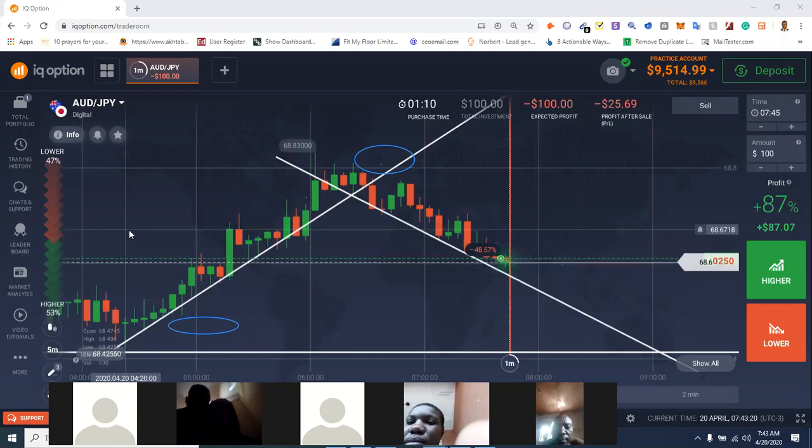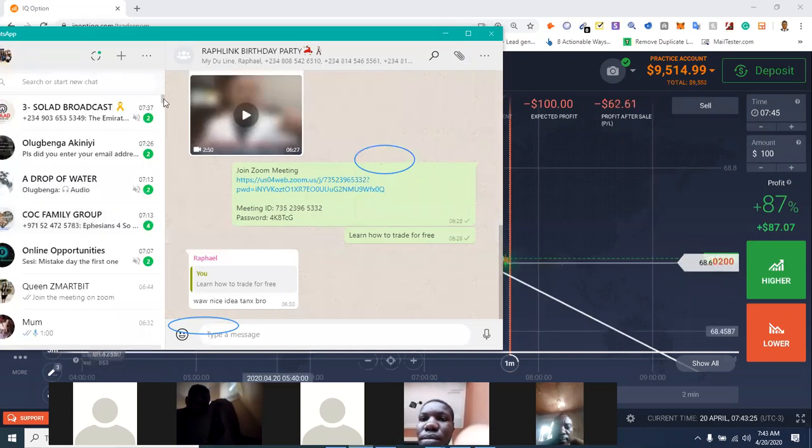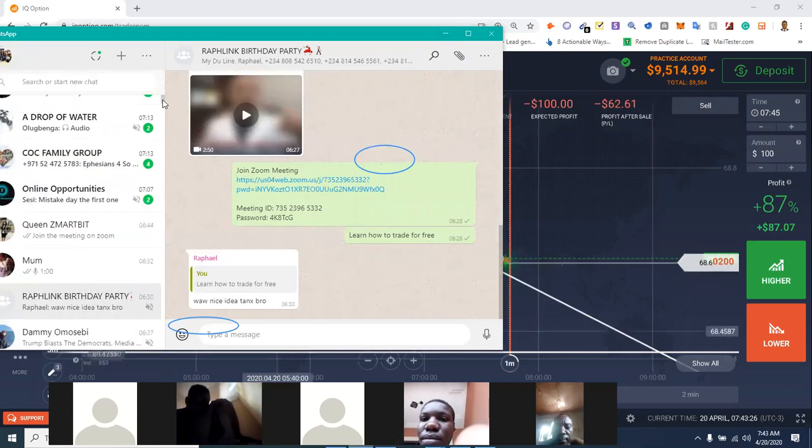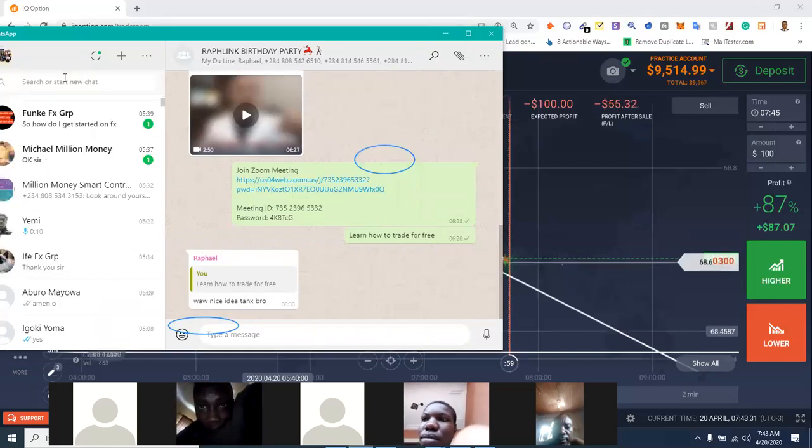So I want to show us something, if I can find it. For those who are new to SmartBit, let me search it. I still have 2 minutes.